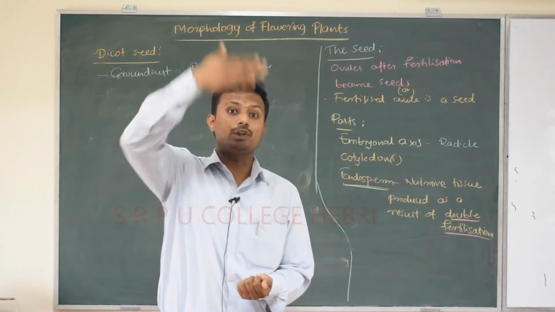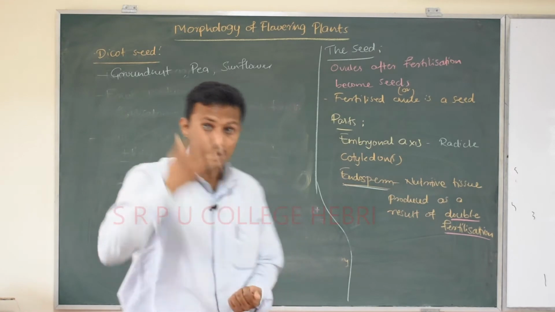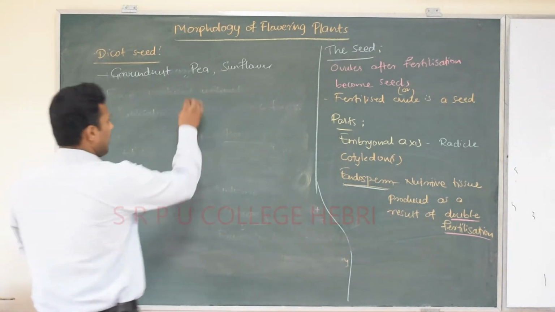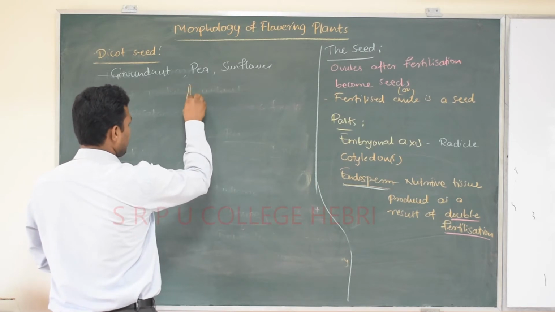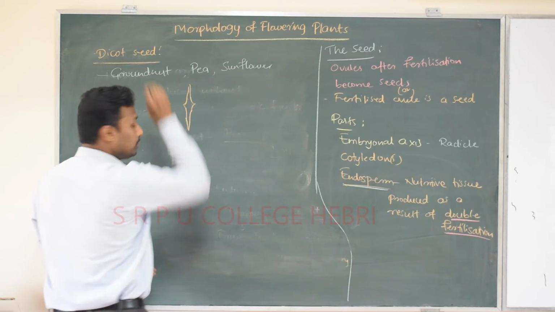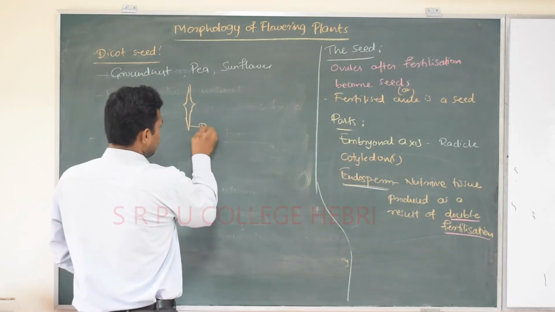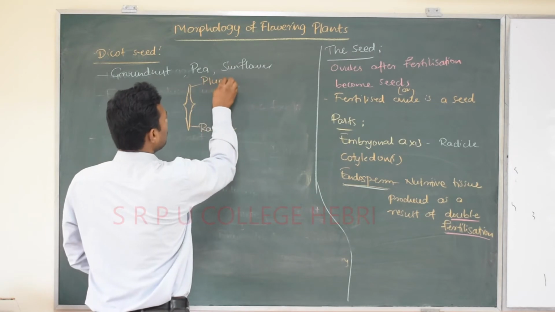So you take the vertical section of the dicot seed, and what you will observe is a portion like this. See, this is the embryo, and it will be consisting of two main parts. This is called the radicle and this is called the plumule.